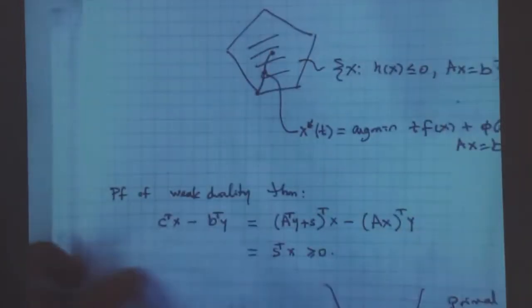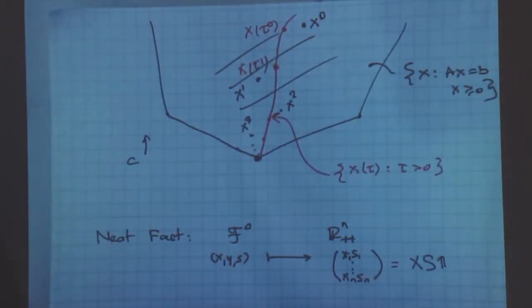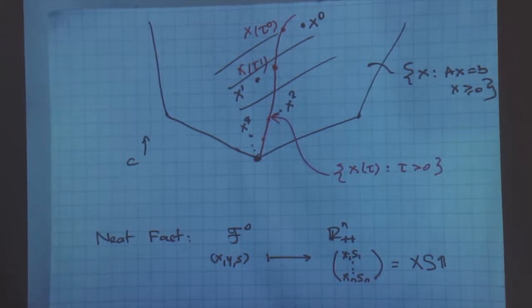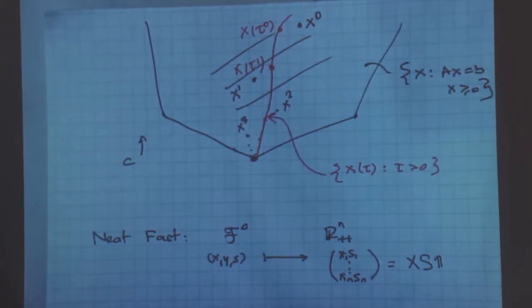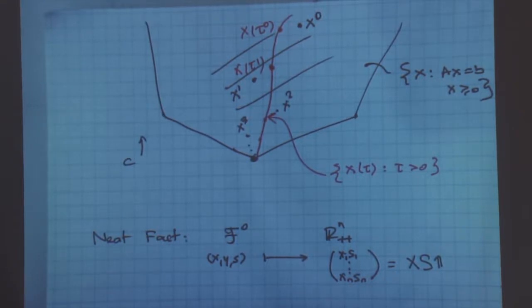When we do this calculation, we get s transpose x, and that is n times mu of xs. So mu, in some sense, measures how far we are from optimality. If we take n times mu, that gives us the gap between primal and dual. When that gap is small, we are close to optimality.